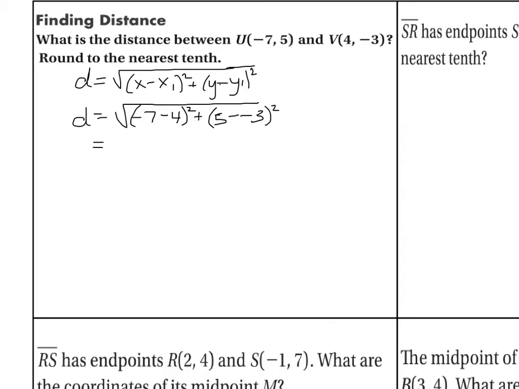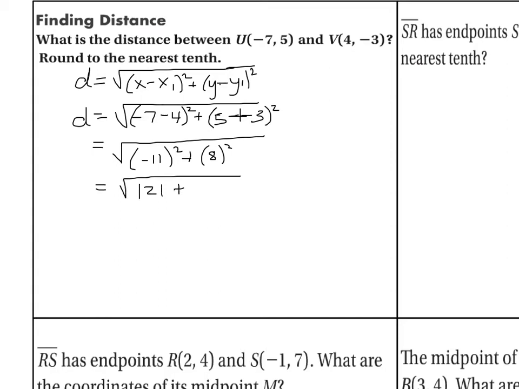This is the square root of -11 squared plus, two minus signs right next to each other become a plus, 8 squared. -11 squared is 121. 8 squared is 64. And when I add those two together, we end up with the square root of 185.